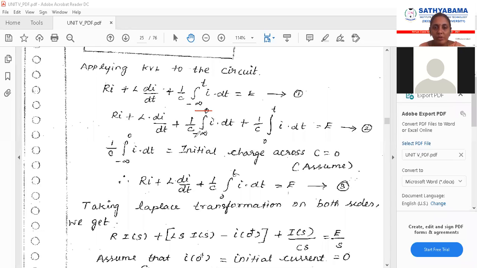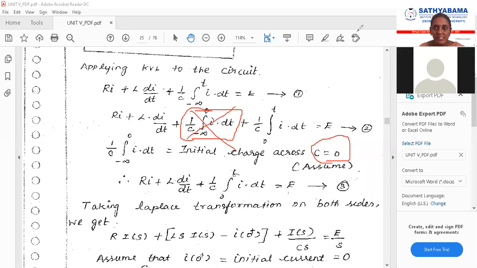So this is the initial charge, the integral from minus infinity to 0 of I dt. We are going to assume this initial value as 0, so this term is completely neglected as it is 0.